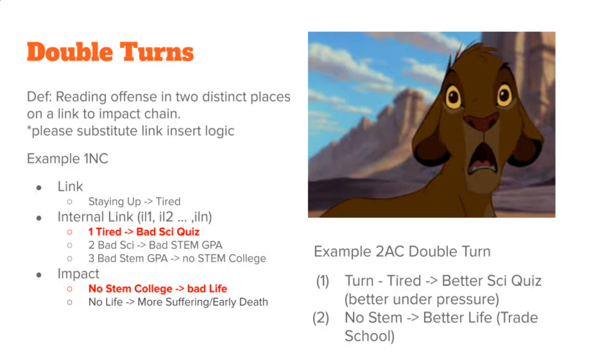So sticking to our original formula, we have our plan, which leads to staying up, or actually, not staying up, because parent stops you, which means you have no good math score, which means then you have no good GPA, which means then you have no good college, no good life, and we'll leave it at that. Everyone got our basic story.